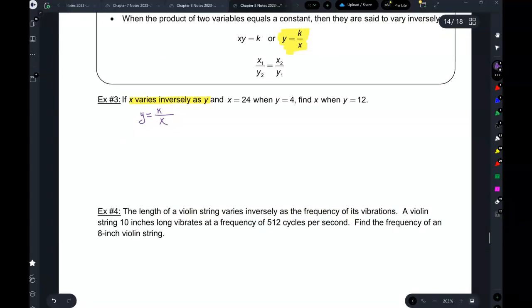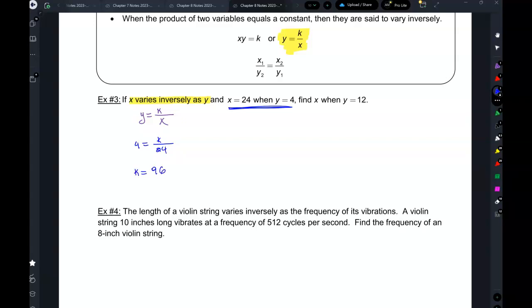All right, so here, x is 24 when y is 4. So let's go ahead and plug that in. 4 equals k over 24. So how much is k? 96. Find x when y is 12. Okay, so y equals 96 over x is the equation.